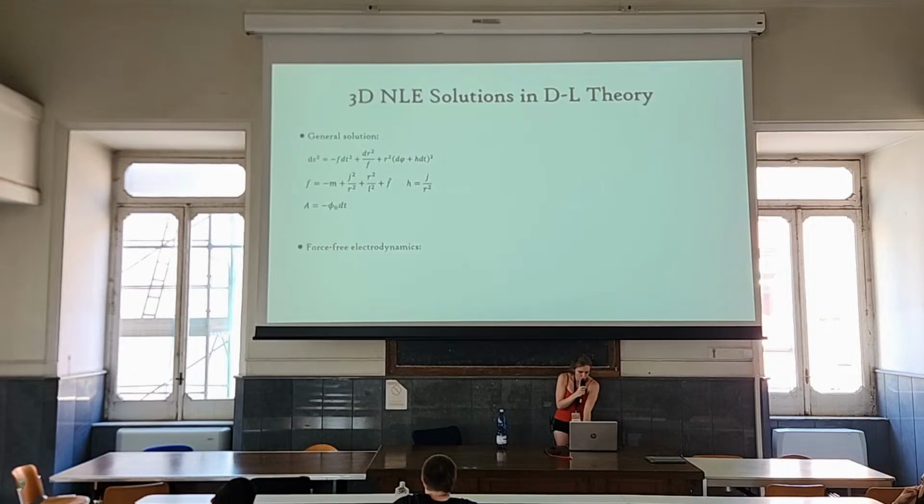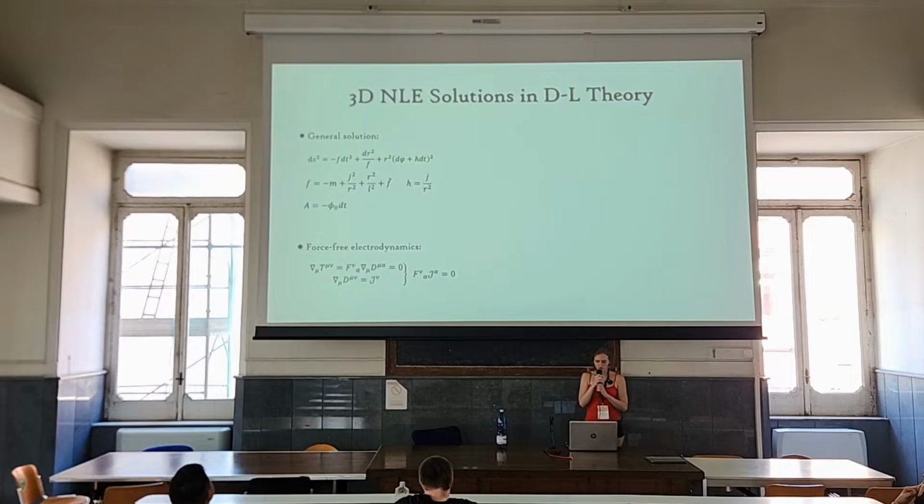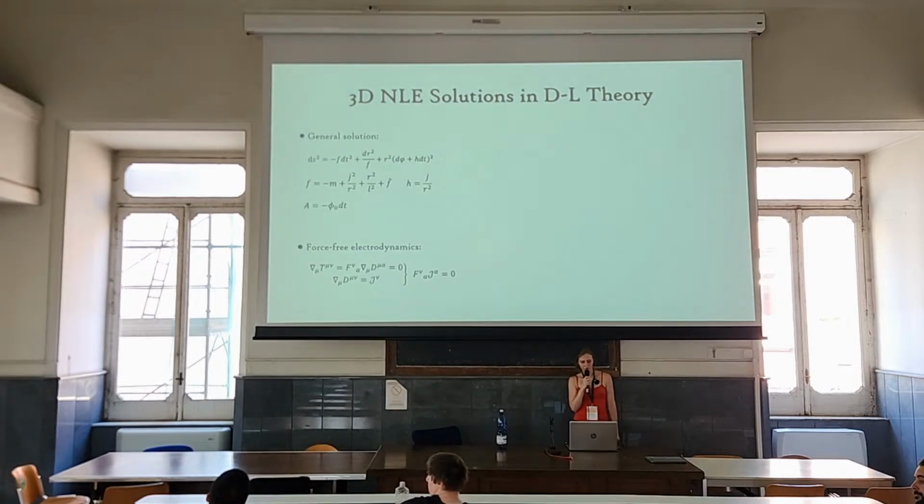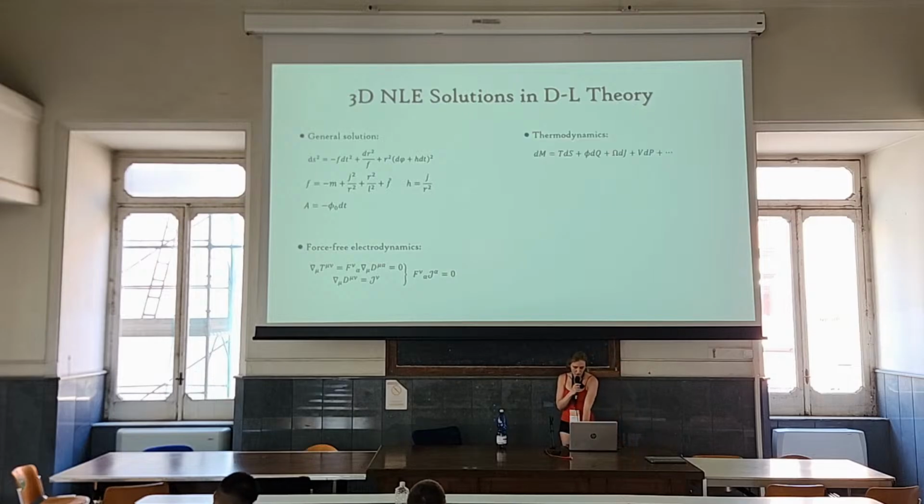So then you'll find out that all those solutions for NLE also satisfy equations of force-free electrodynamics because their electromagnetic tensor will be degenerate, and their integrability condition and equations of motion yield the equations of force-free electrodynamics. And you can also do thermodynamics as before.